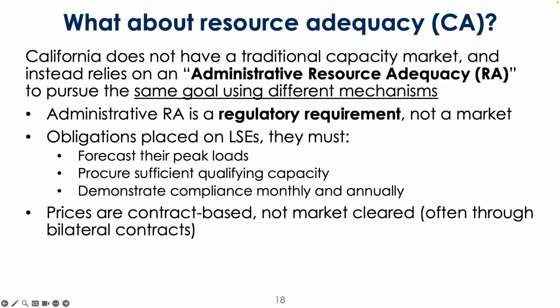So instead of having a market, it's just straight up a regulatory requirement that says you have to do it this way. The obligations for a load serving entity are that you have to forecast your peak loads, right? So thinking about that 1 in 10 thing, now the burden is on the load serving entities to identify what the chances of particular outcomes are.